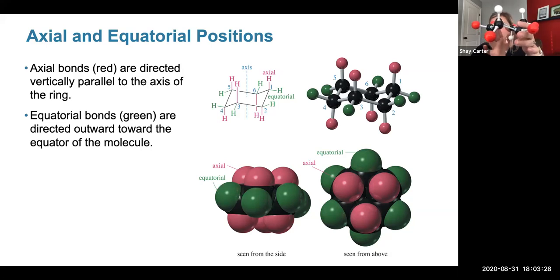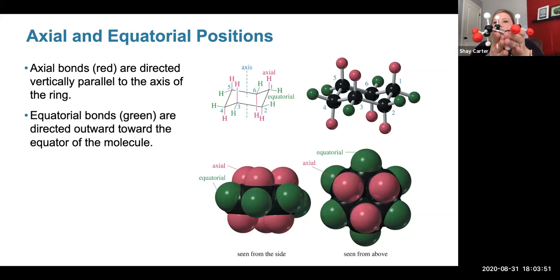The equatorial hydrogens are around the outside of the molecule, like the equator of the Earth, okay? And the axial hydrogens, we have 3 on the top face and 3 on the bottom face, point up and down like the axis of the Earth. Okay, I know our axis is tilted, but let's pretend it's not.